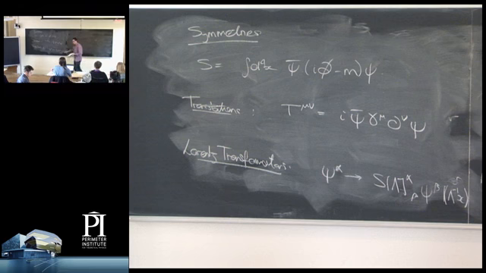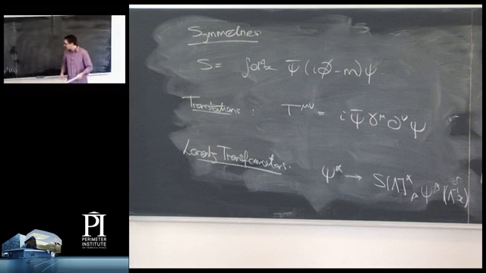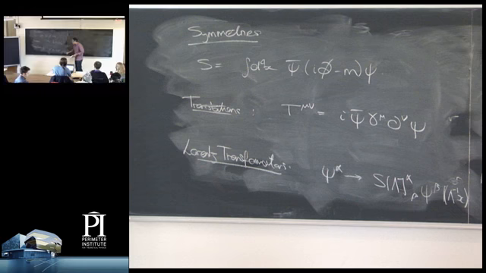So we've already seen for a scalar field, we have transformations like this. That is just a transformation of space. And that gave rise to a conserved current that was angular momentum and this kind of weird thing for boosts.